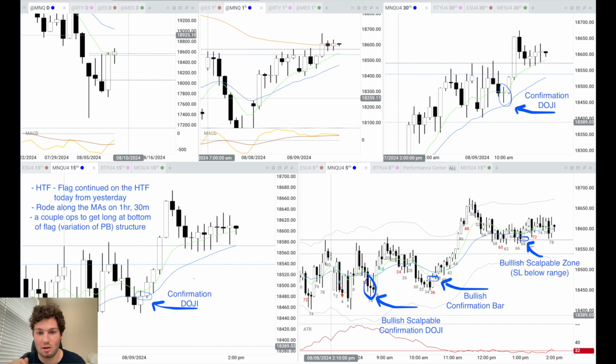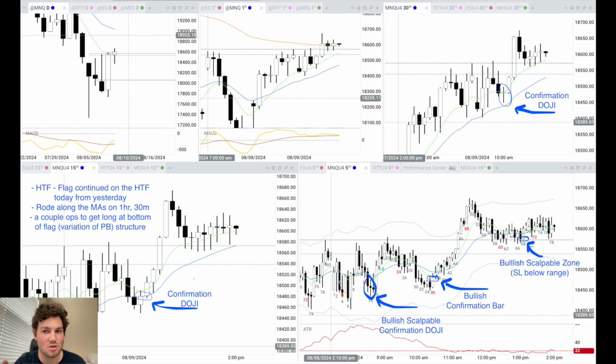Okay, and here we are. Bar 14 on the 5-minute, bottom right. That's probably the first really good bar that I would have bought. Just because it is a doji, it is at the bottom of the range, and it's reasonable to expect that the bulls would come back in because we are in an uptrend, and that doji can signify, hey, we're turning around.